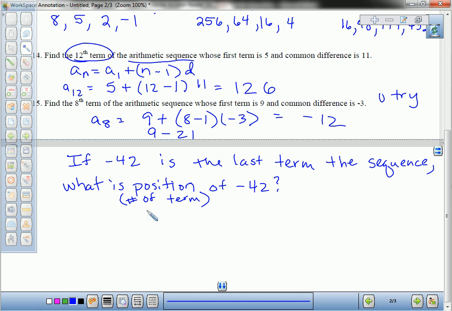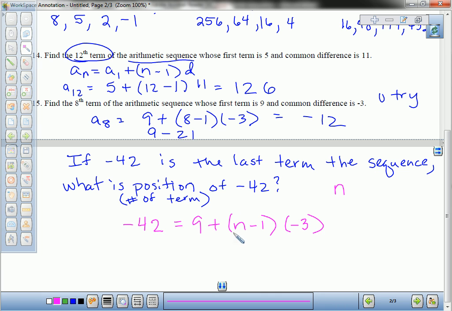Okay, so what we're looking for is n. Where does negative 42 lie in this sequence? So, we know the last term is negative 42. We know the first term was 9. And we know the common difference is negative 3. What we have to solve for now.